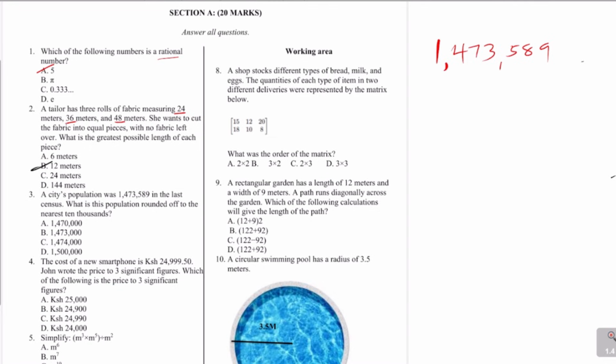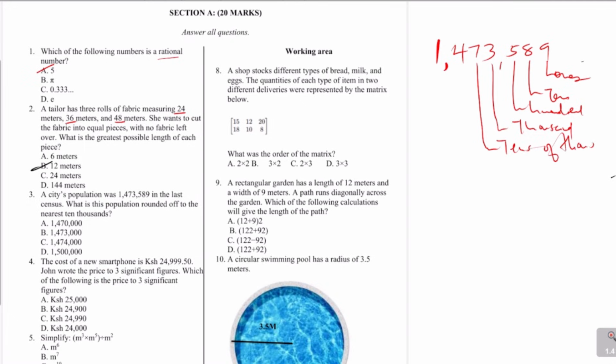That is in the 10,000s place value. So this is ones, that is tens, that is hundreds, that is thousands, and then we have, this is the tens of thousands. That is actually what we need, tens of thousands. So the digit that is in the place value of 10,000 is 7.